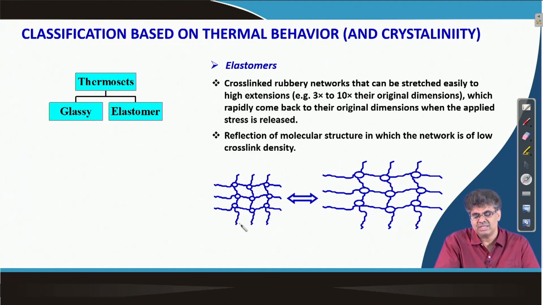You have a cross linked network, and the polymer chains have some mobility because room temperature is above their glass transition temperature. They have some mobility, and the number of cross links is relatively low.